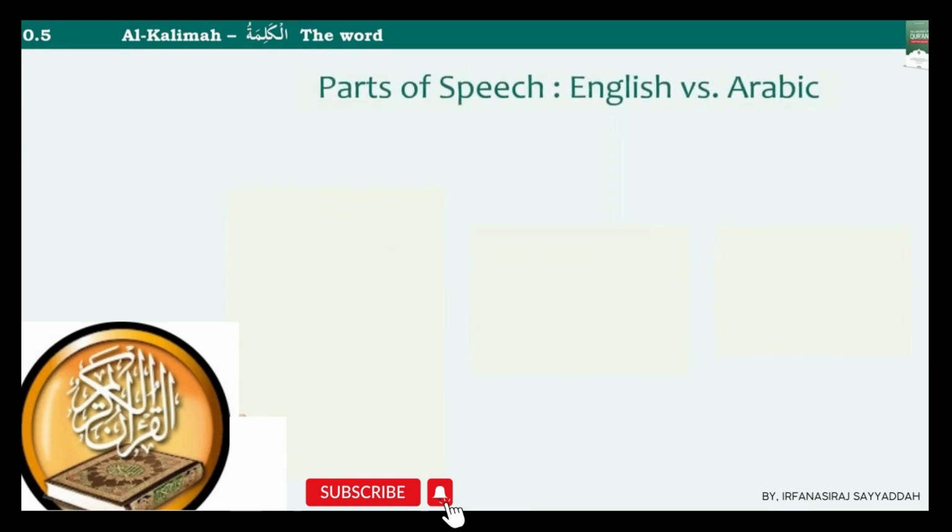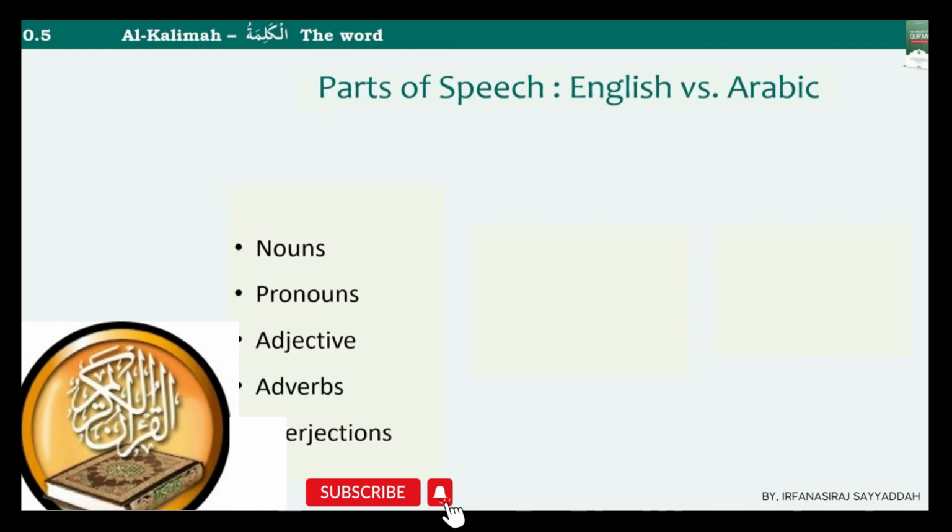If we analyze the parts of speech in English, we find that all the words in the English language, if we were to collect them together, we could categorize them into the following subcategories. For example, nouns, pronouns, adjectives, adverbs, interjections, verbs, prepositions, and conjunctions.